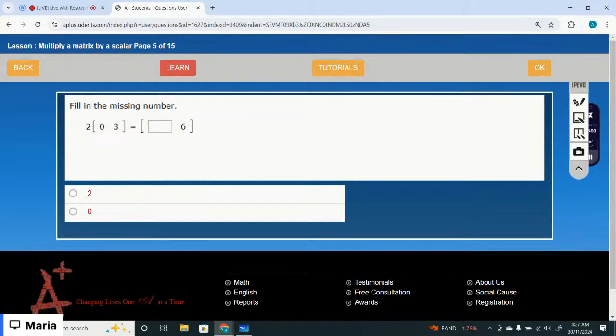The missing number is 0. The correct option is option number 2, 0 it is.